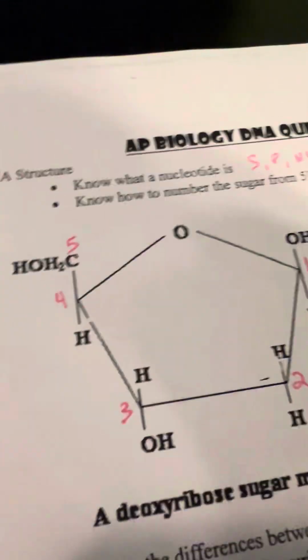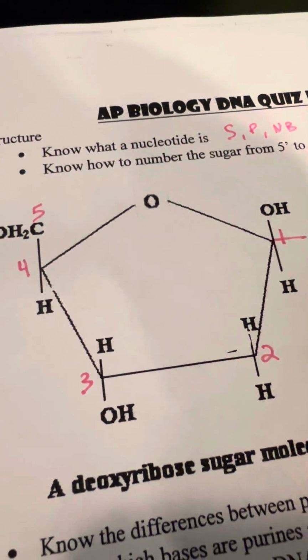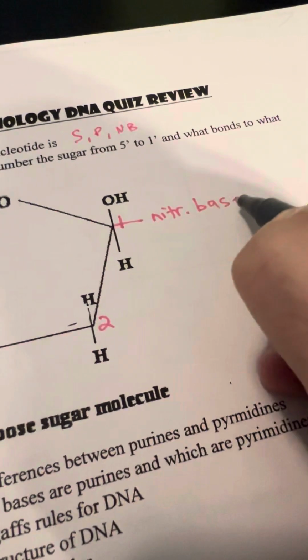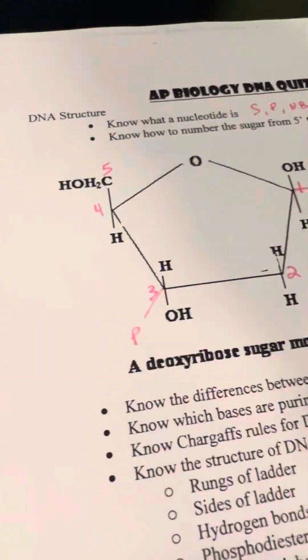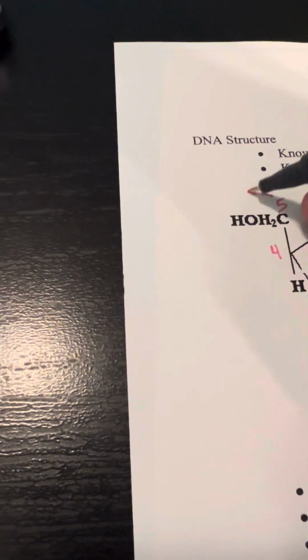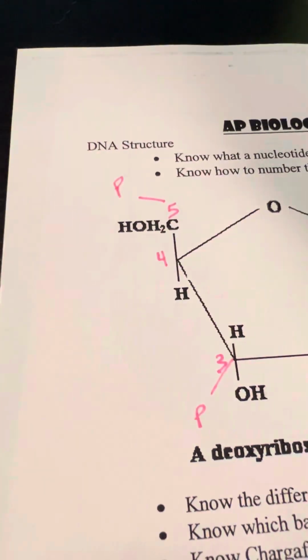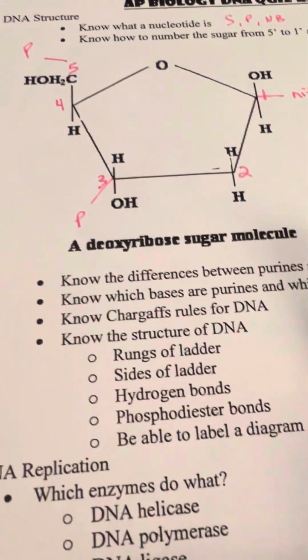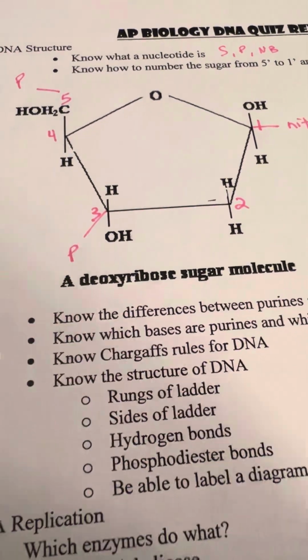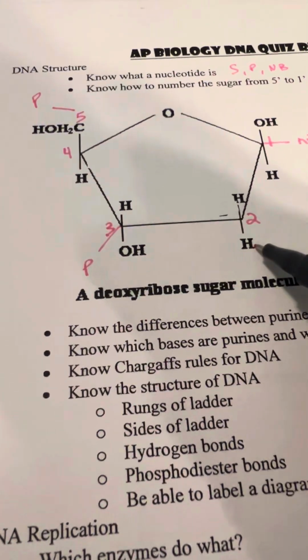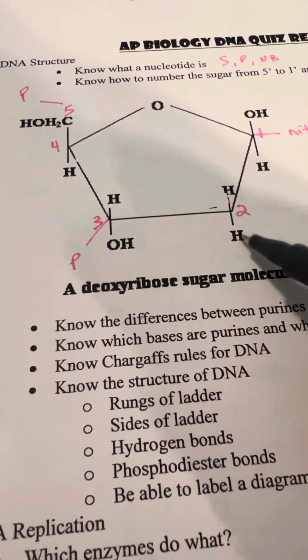The first carbon is always bonded to the nitrogen base. Your 3rd carbon is always bonded to the phosphate group, and your 5th carbon is always bonded to a phosphate group. This is for deoxyribose. Ribose is a little bit different. Ribose will have an oxygen over here.